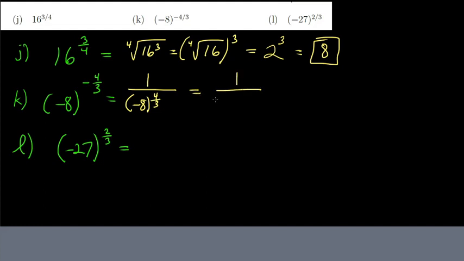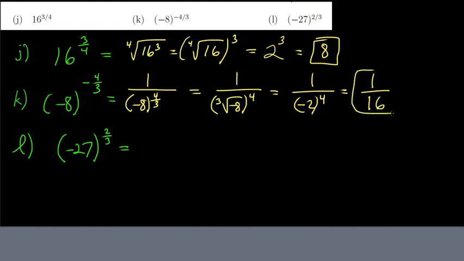So 1 over what? So we have the cube root of negative 8, and then all that raised to the power 4. So let's see, the cube root of negative 8 is just negative 2, and then negative 2 to the 4th power, well, negative 2 times negative 2 times negative 2 times negative 2, so that's going to be positive 16. So we just get 1 over 16.